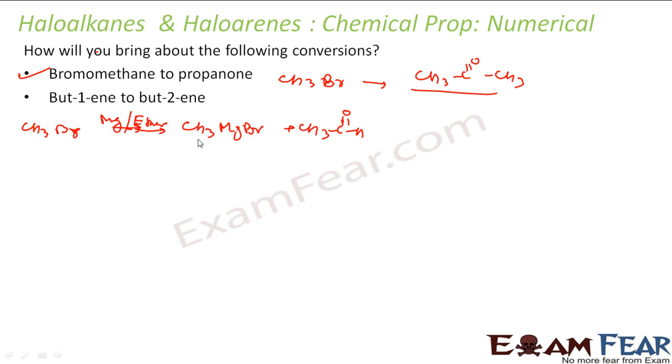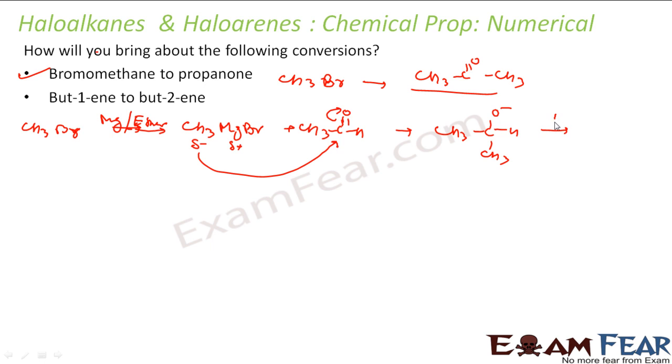Now what will happen is, CH3MgBr is a very strong nucleophile. This is minus and this is plus, right? So this will attack this carbon and this will go minus. So what you'll get is CH3C with O minus, there is H here, and CH3 will come here, right? This is nothing but my nucleophilic addition reaction.